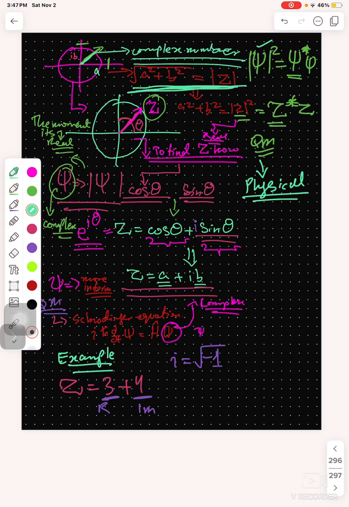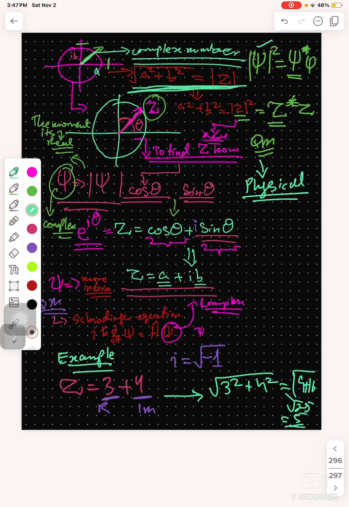We could also find the magnitude of z by taking the square root of 3 squared plus 4 squared, which is 9 plus 16, that equals 25, so we get 5.